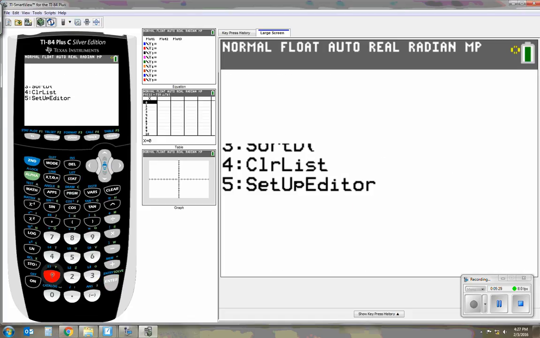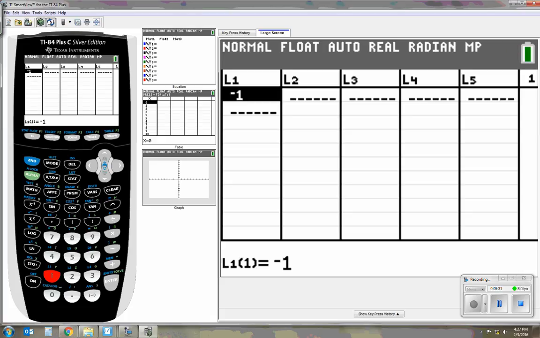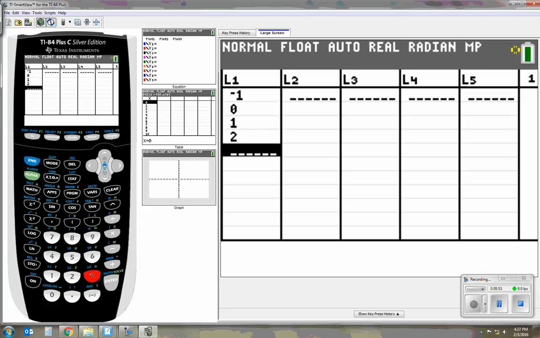Go back to Stat 1, Edit. So we have -1, 0, 1, 2, 3, 4.